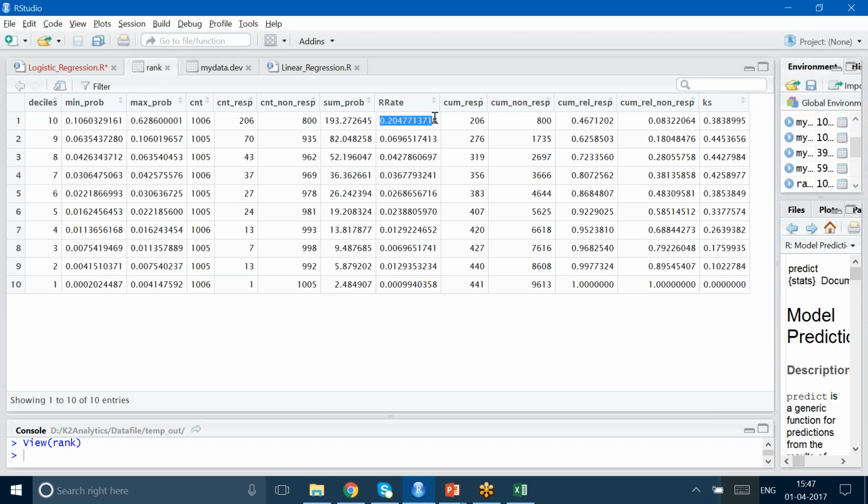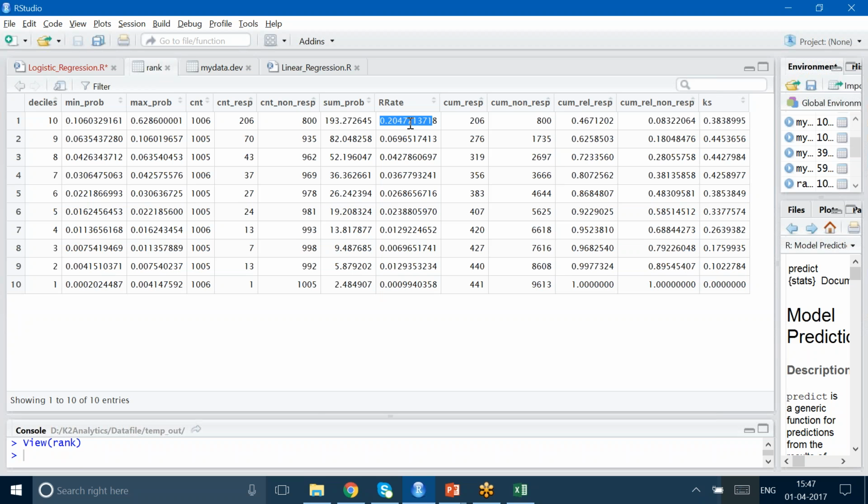0.20. What is the actual response rate that we are starting off with this modeling? 4.4, 4.5. So in this decile, I'm getting a 20.4% response rate.